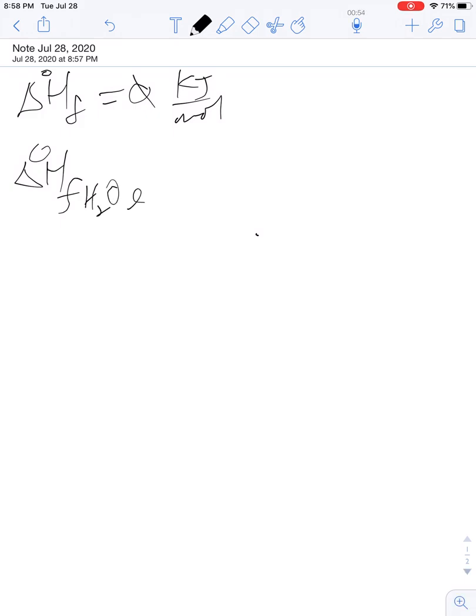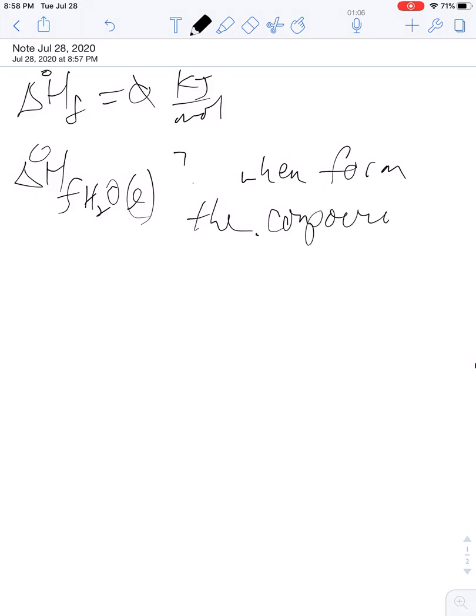So let's just say liquid water. Okay, so the delta H of formation of a compound is when you form the compound from its elements. And when I say form the compound, I form 1 mole of the compound from its elements.